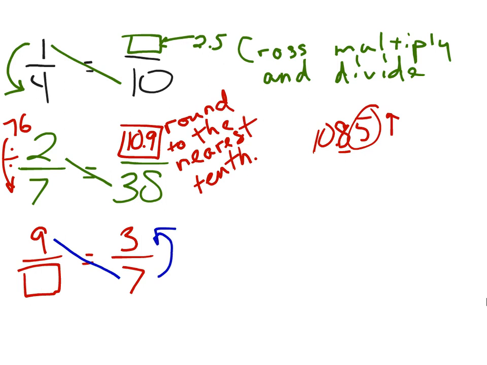And then divide that by 3. I'll take a little while so that you can actually figure that out. Times and divide. We're going to end up with 63 divided by 3. That's going to give us 21.